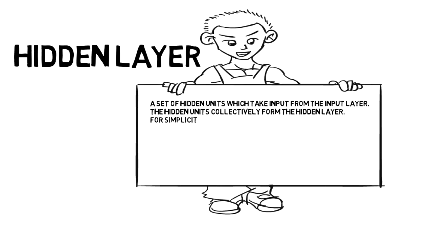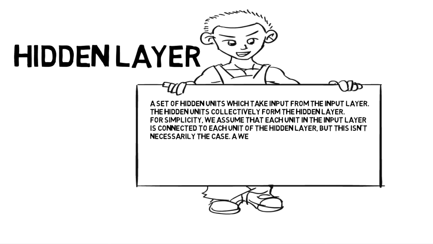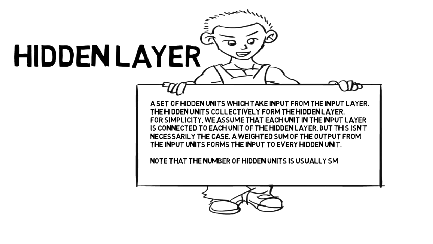The hidden units collectively form a hidden layer. For simplicity, we assume that each unit in the input layer is connected to each unit of the hidden layer, but this isn't necessarily the case. A weighted sum of the output from the input units forms the input to every hidden unit. Note that the number of hidden units is usually smaller than the number of input units.